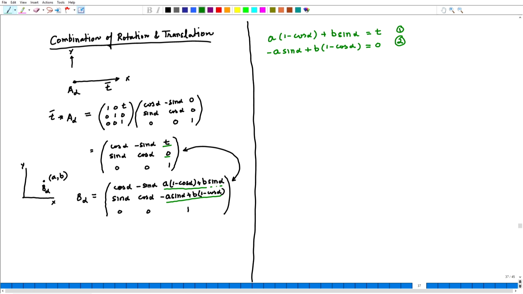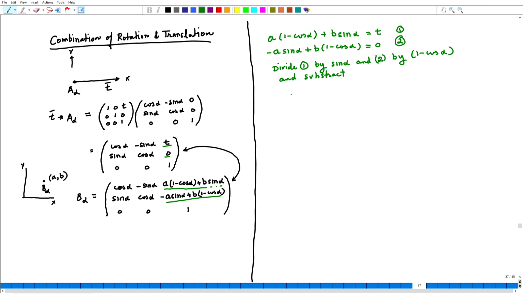Let us eliminate B in these two equations. So, what we do is divide 1 by sin alpha and 2 by 1 minus cos alpha, and then subtract the two equations.